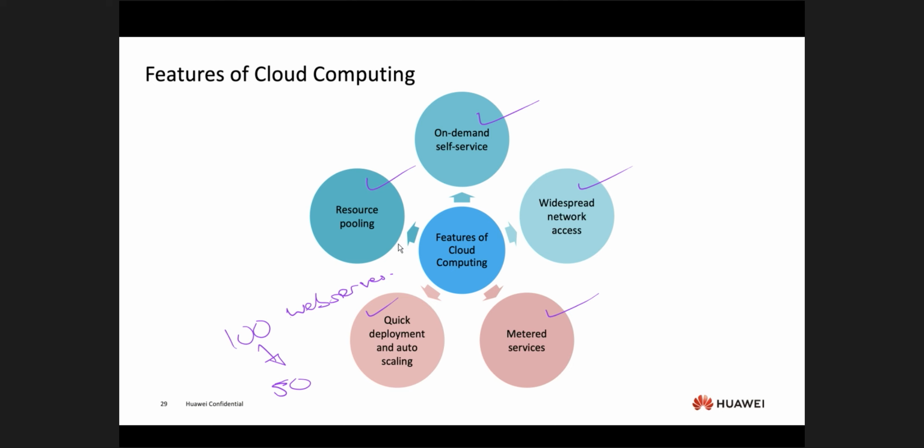That's basically how the features of cloud computing work. So if you have a server with 8 gig RAM, maybe 16 gig RAM or 64 gig RAM, and it's idling, the resource pooling will take from that availability to add it to the cluster so that the application can use those resources.